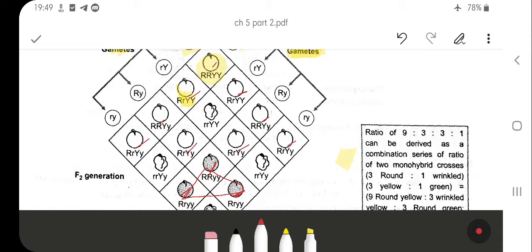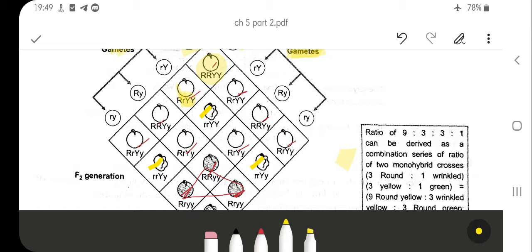Now we are having the wrinkled yellow. This is number 1, this is your wrinkled yellow. And because of small r and capital Y, this is number 2, that is your wrinkled yellow. And this is number 3, that is your wrinkled yellow.